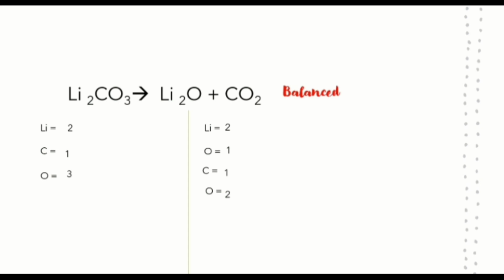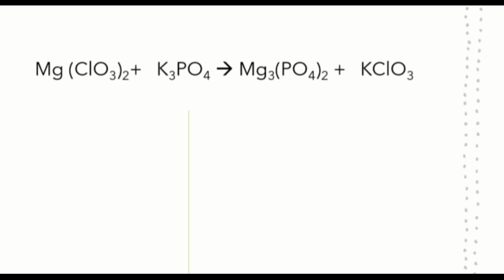Okay, so let's continue. Let's have another example. This time we have a double replacement reaction. We can see a cation combined with a polyatomic ion. So let's list down the elements, the cation and polyatomic ion.